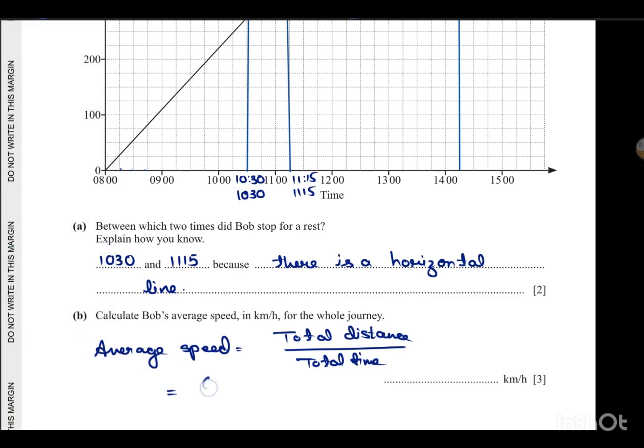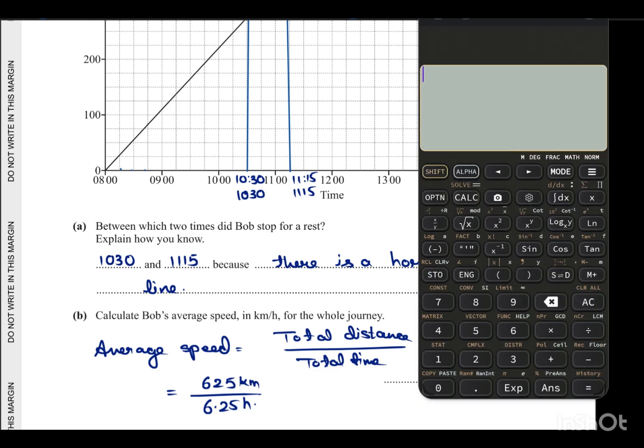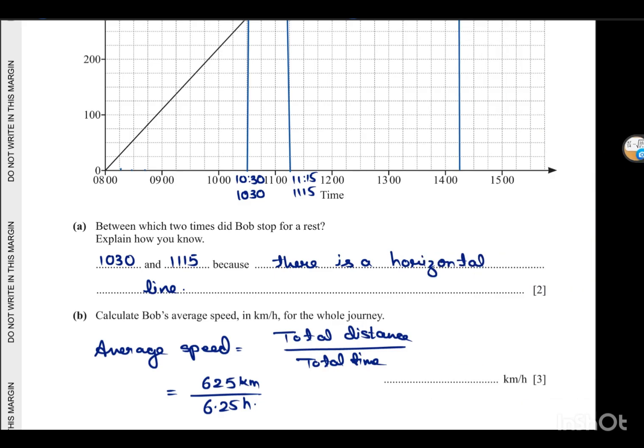So total distance is 625 kilometers by 6.25 hours. Find out. 625 by 6.25 is equal to 100. So 100 kilometers per hour is the average speed.